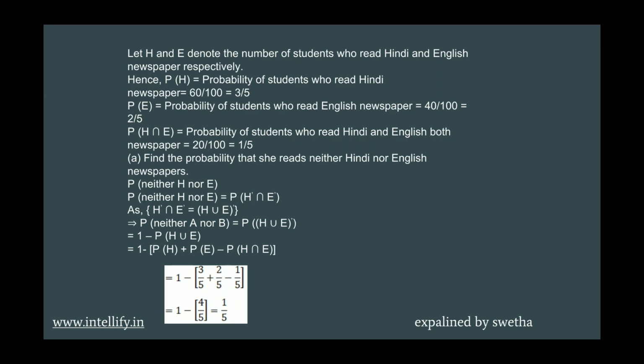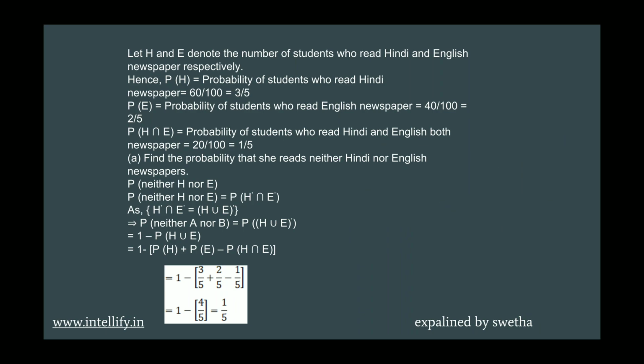So first question is, find the probability that she reads neither Hindi nor English newspapers, that is probability of H dash intersection E dash. As we can write neither H nor E in the form H union E dash.